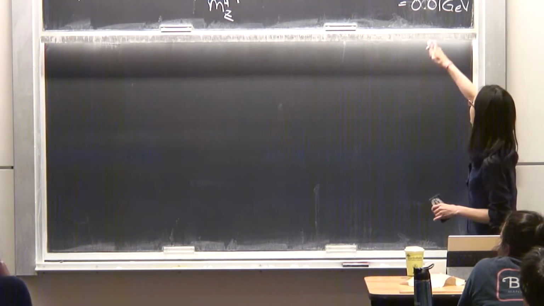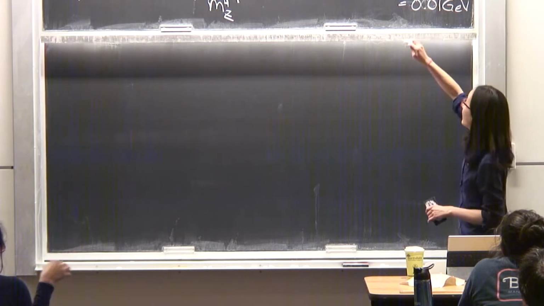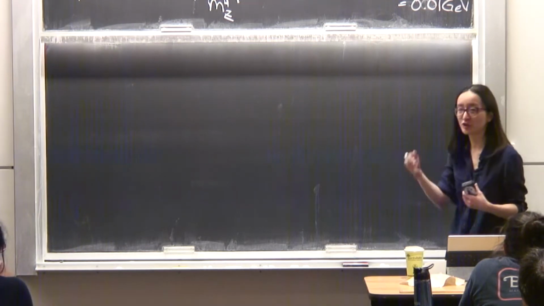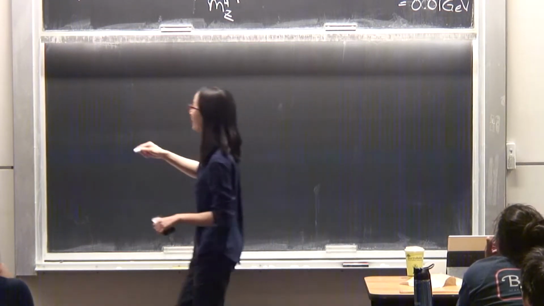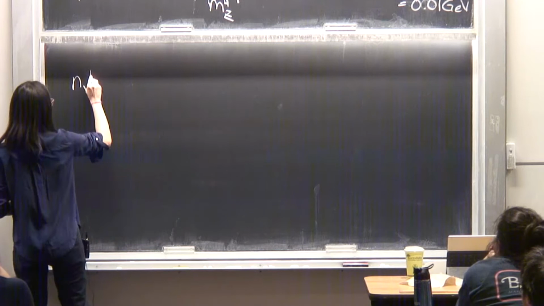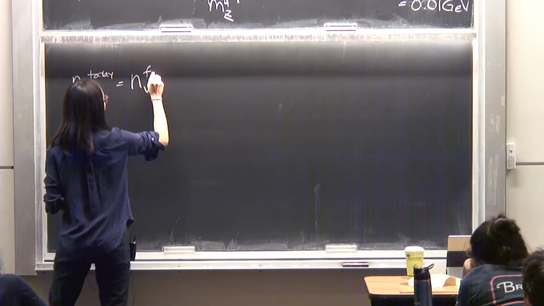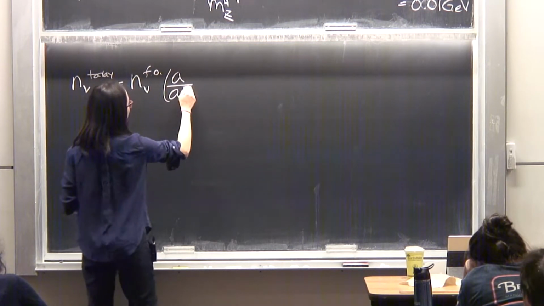So this tells us that at that temperature, the number density doesn't change due to annihilations, but it does dilute due to the expansion of the universe. So the number density today would be the one at freeze-out, scaled by the scale factor.